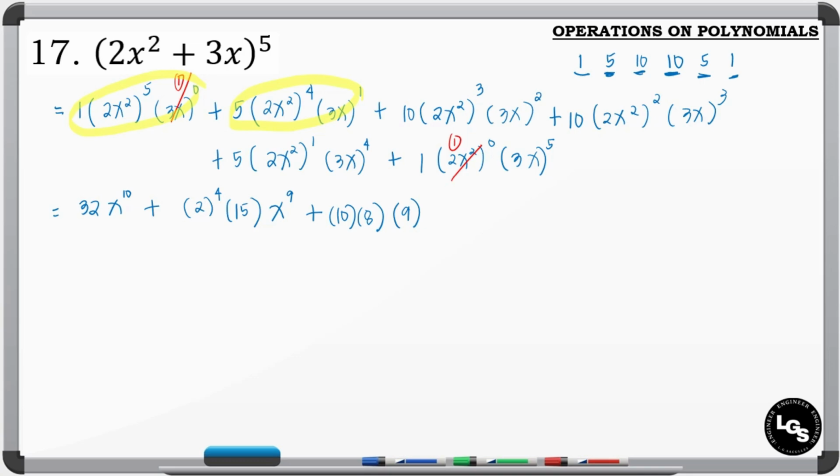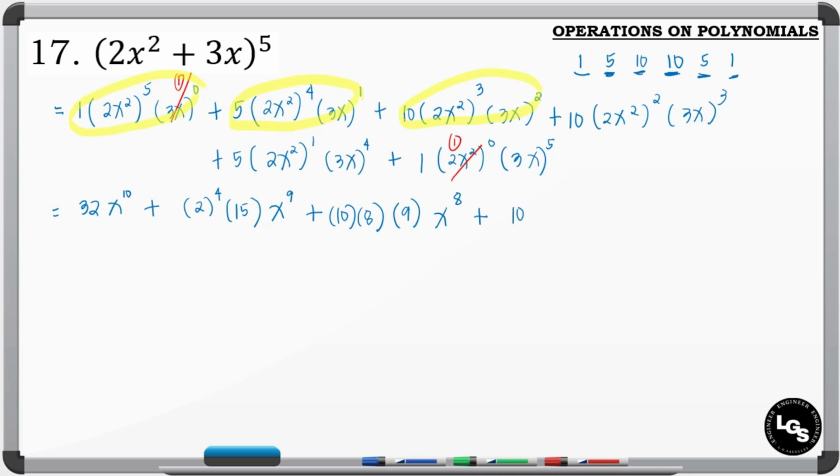So I'm just writing the coefficient first, then let's multiply it later. Then for the x variable, so we have here x squared raised to 3, so that is x raised to 6. And this one we have x raised to 2. So x raised to 6 times x raised to 2, so that is 6 plus 2 equal to 8. So we're done here.